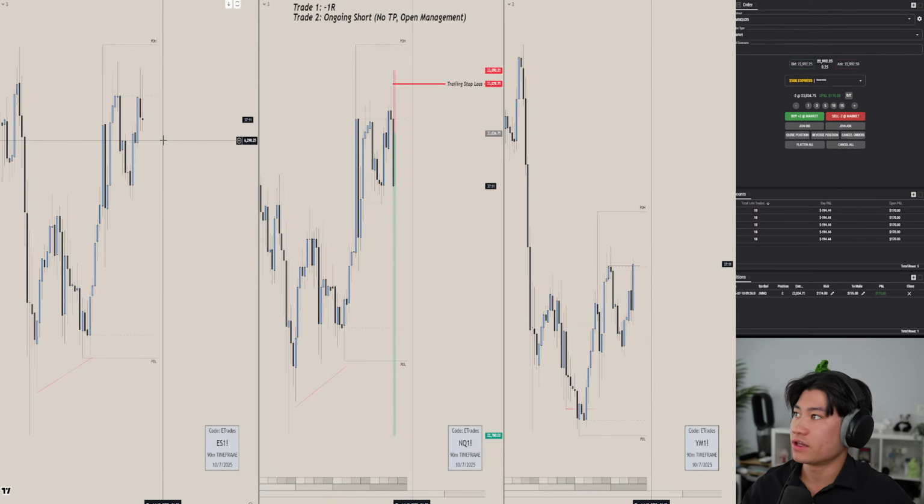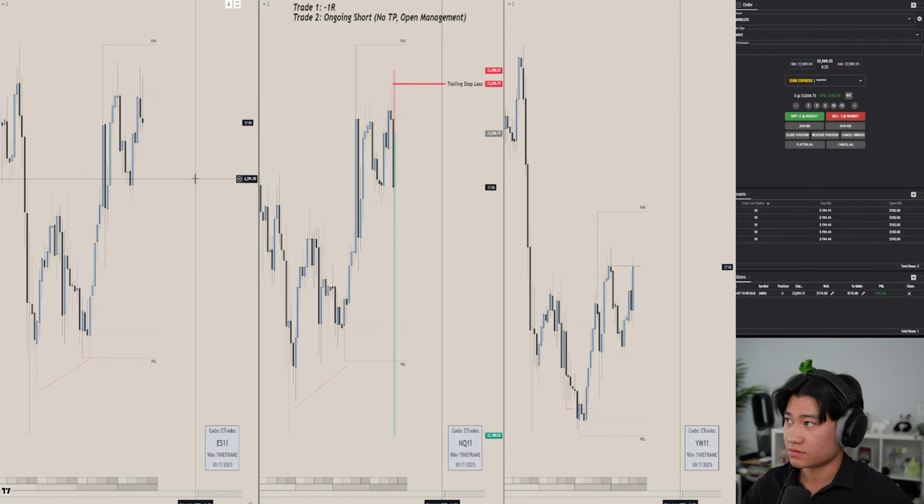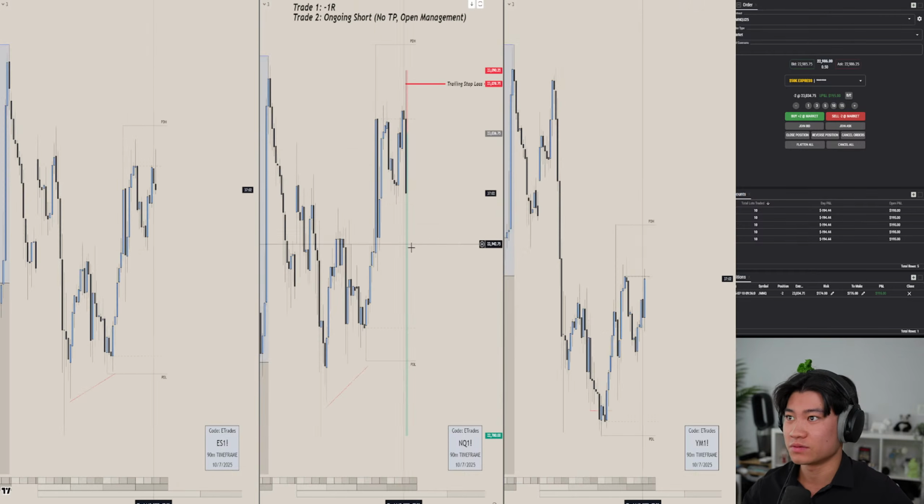But actually, now that I think about it, ES still has this SMT, so I don't even know what I'm saying anymore. I just realized ES didn't even close above previous day high, so I'm trolling.